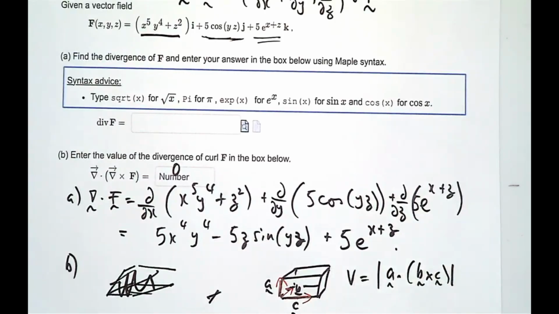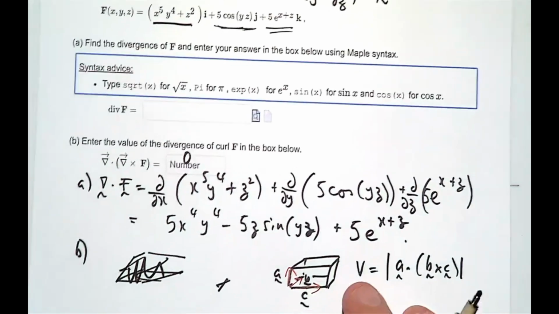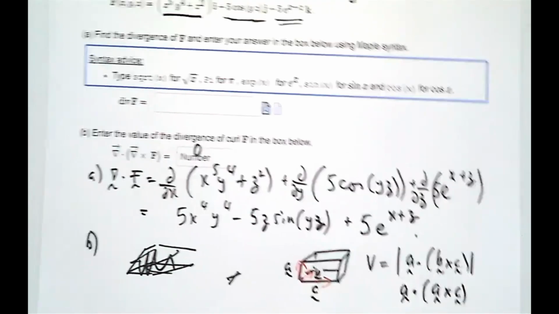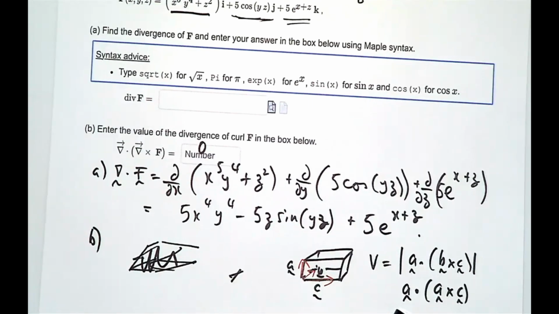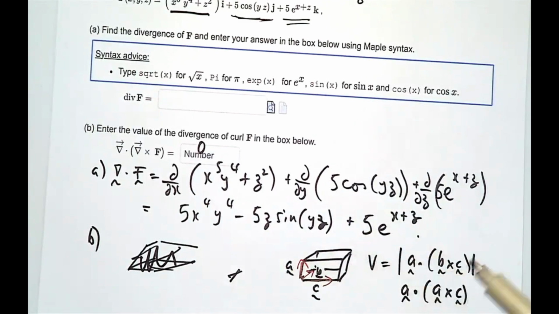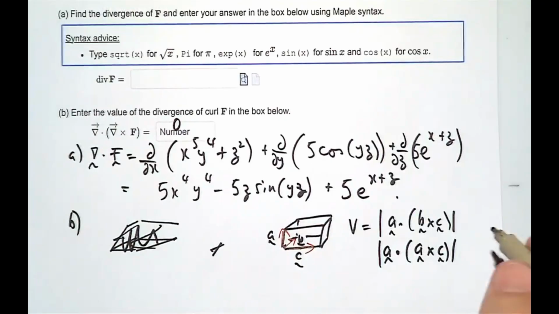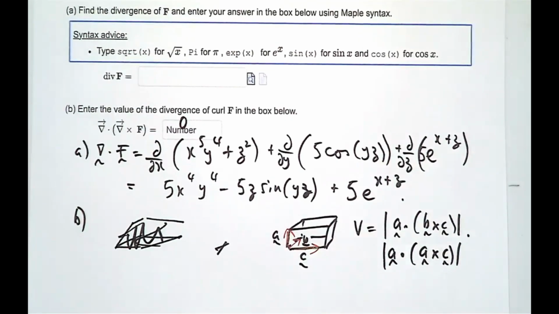Okay. So what happens if I did this? If I wanted to compute that, or even that. Who can justify why that's 0?